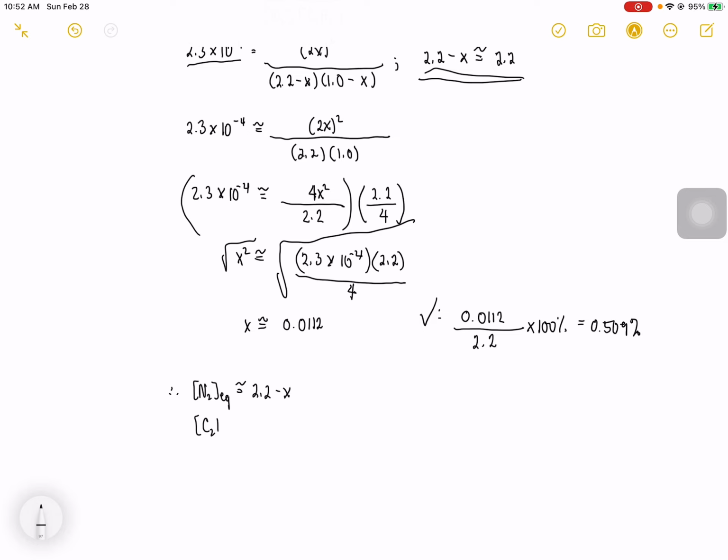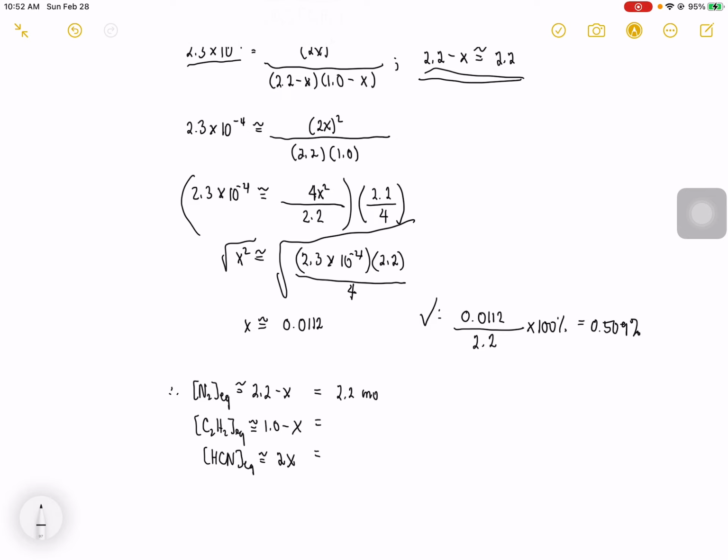For acetylene, its equilibrium concentration is approximately equal to 1 minus x. And for hydrogen cyanide, that value should be just about equal to 2x. So plugging all of this into the calculator, using the value that we have gotten, using the approximation, these should then be equal to the following.